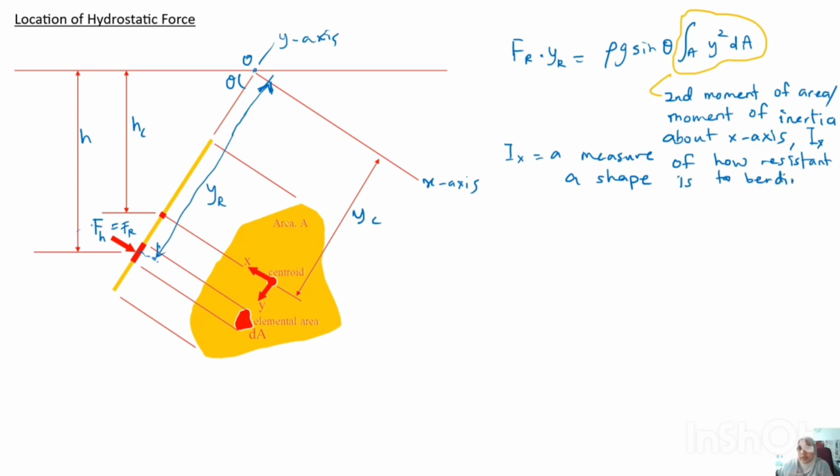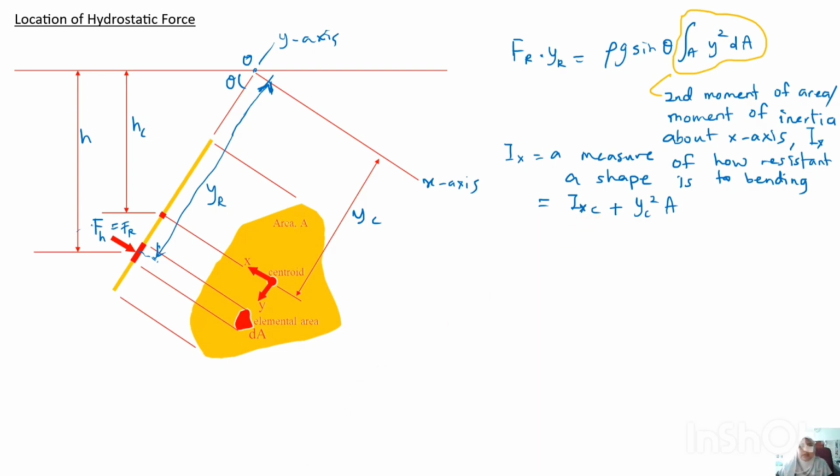In other words, it is called the strength of a shape against bending, and is given by Ixc plus yc squared A. Basically Ixc is the moment of inertia of a body with respect to the x-axis that passes through the centroid. So that's why it has x and c.